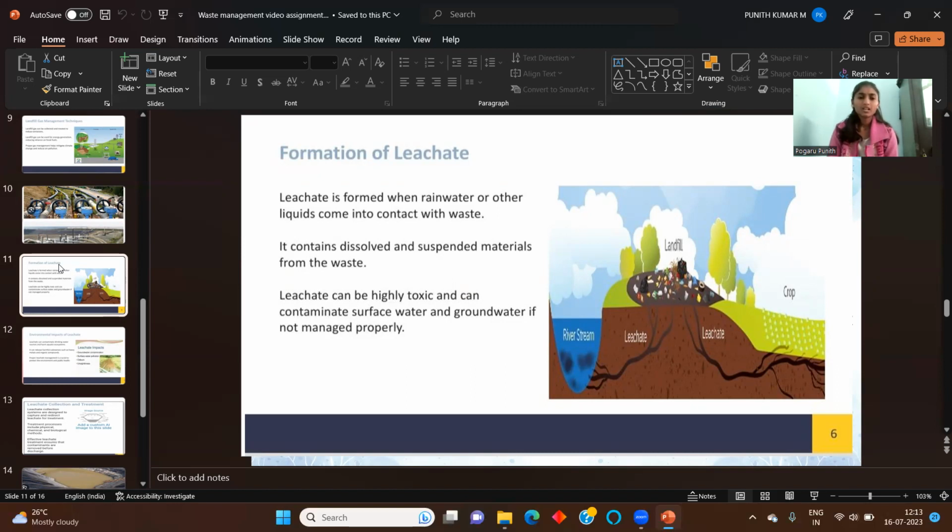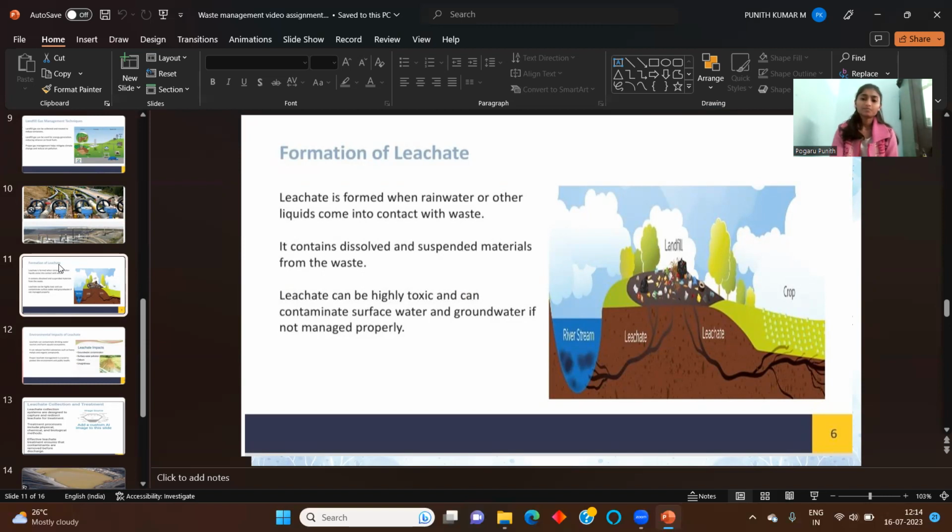Leachate contains dissolved and suspended materials from the waste. As the waste is compacted or chemically reacts, bound water is released into the leachate. Because of the absence of a barrier beneath the waste disposal sites, the leachate can migrate and contaminate the surface and underwater. So it produces a strong bad odor.